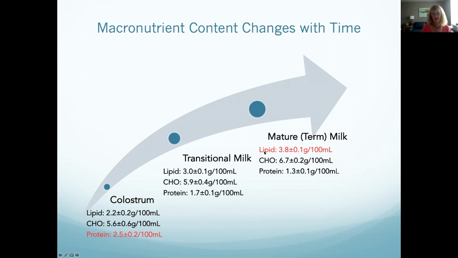And mature milk has a lot of lipid. Okay, human milk, this is close to 50% calories from fat. And you can also see that there's not much protein in human milk. We'll talk about this and compare it to cow milk and formula in a little bit. So the concept I want you to get here is that milk changes and then it becomes mature and stays fairly stable.